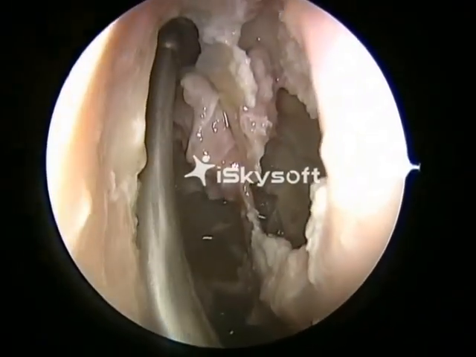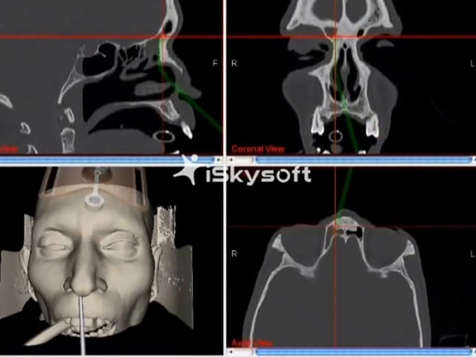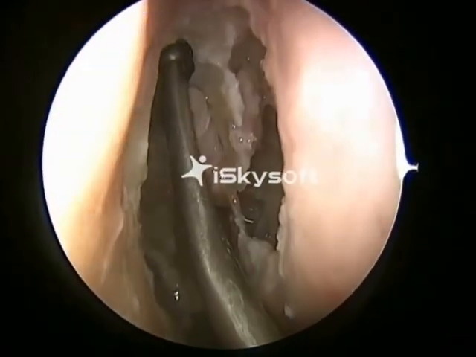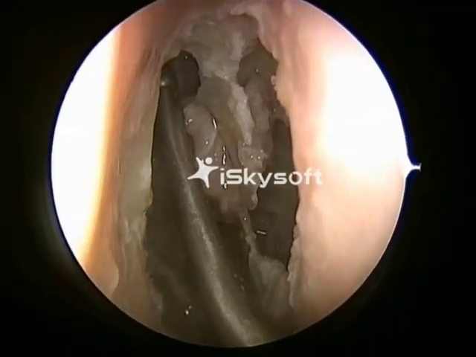That's a curved navigation probe being used to confirm that we are inside the frontal sinus. This cadaver had a very small frontal sinus on both sides. That's a curved navigation probe by Karl Storz.